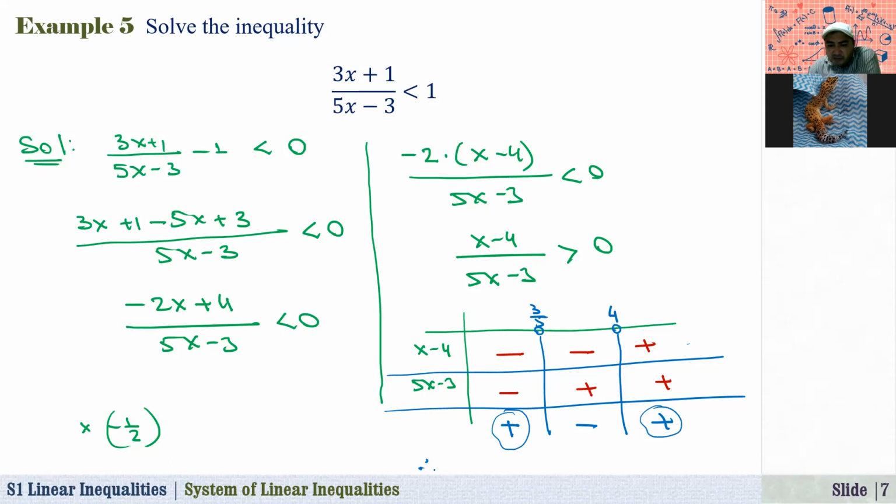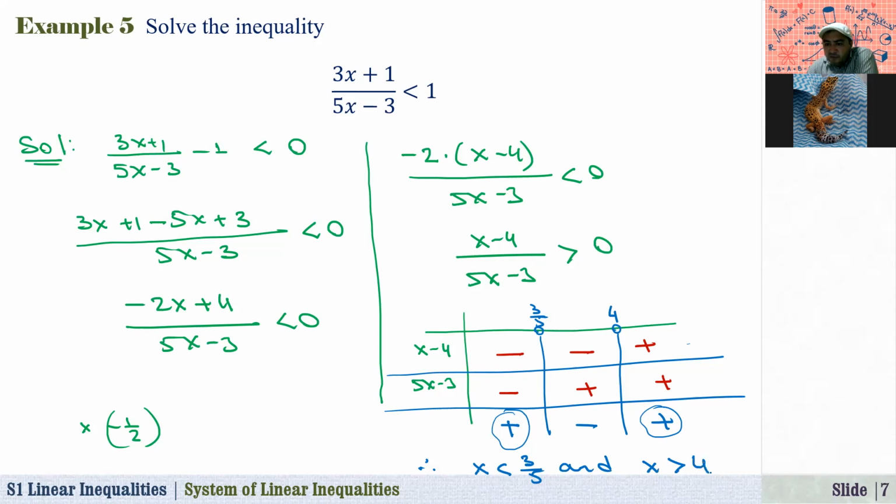So at that time, what is the solution? x is less than 3 over 5, and x is greater than 4. How do you write this? Let me write first, x is less than 3 over 5, and x is greater than 4.